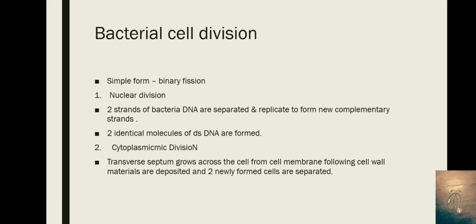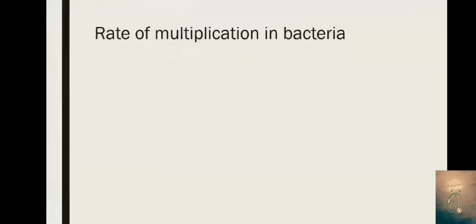It grows across the cell from the cell membrane, followed by cell wall material being deposited, and the two newly formed cells are separated. That's it.